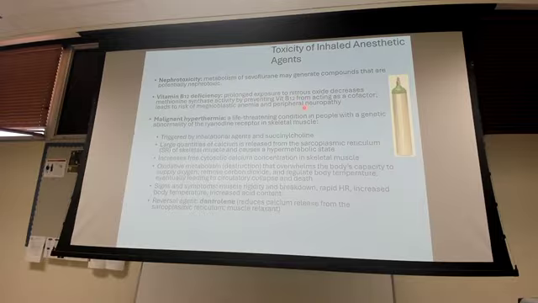It can ultimately lead to death if we don't catch it and don't treat it, okay? So the reversal agent, if you think that one of your patients is experiencing malignant hyperthermia, is for you to administer the dantrolene, okay? So this will stop that calcium release that started the whole issue. So the reversal agent for malignant hyperthermia is going to be your dantrolene.